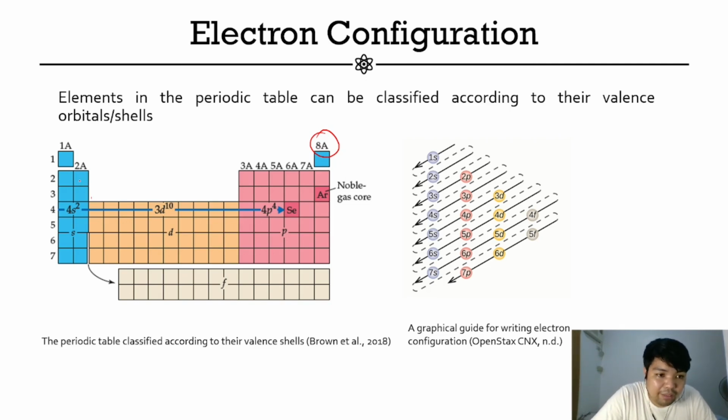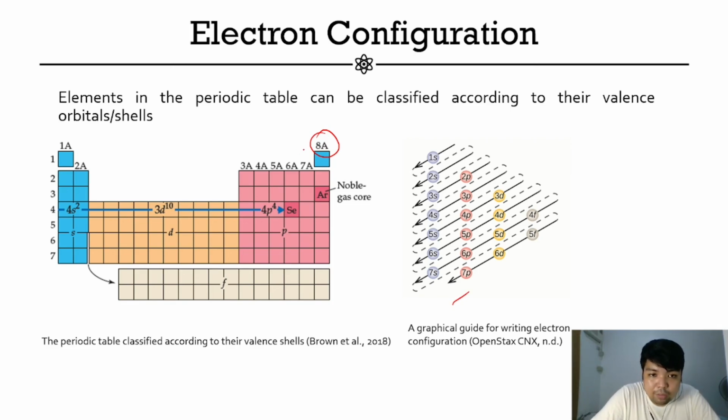The transition metals are also known as the d block elements, because their valence orbitals are d orbitals, and the lanthanide and actinide series are also called f block elements, because their valence orbitals are f orbitals. In this image, this is a guide on how to write your electron configuration.